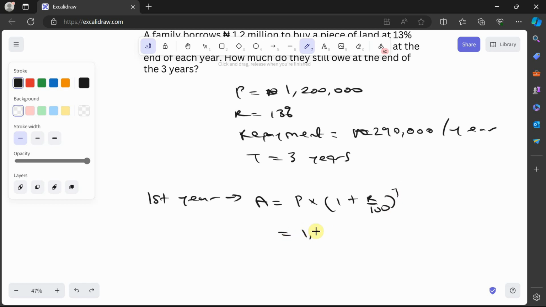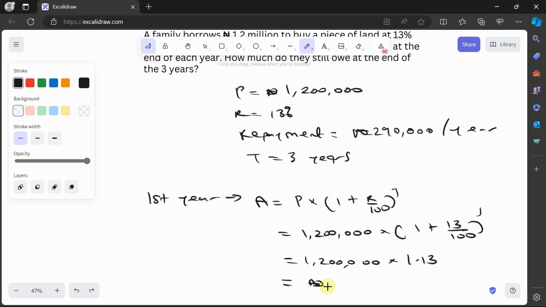So that would be 1.2 million multiplied by 1 plus 13 over 100, raised to the power of 1. So that would be 1.13. So 1.2 million multiplied by 1.13, that means that at the end of the first year, the amount that they were owing is 1,356,000. So this is the new amount that they're owing.